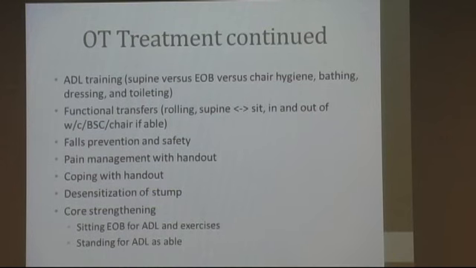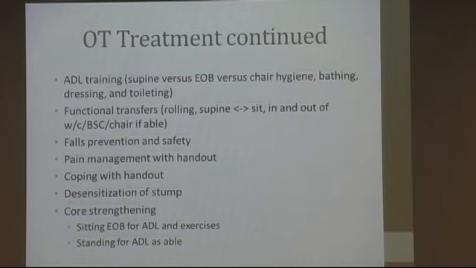And then treatment can also include ADL training, supine versus edge of bed versus chair, hygiene, bathing, dressing, and working with the patient to see what is the easiest for them. Functional transfers, rolling, supine to sit, in and out of the wheelchair or the bedside commode, chair, if they're able to do those things.